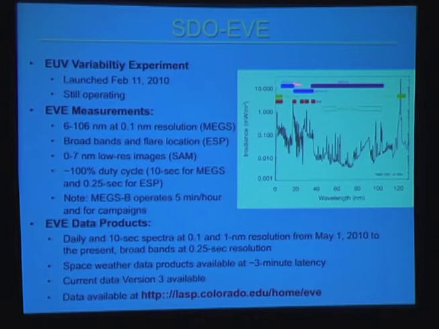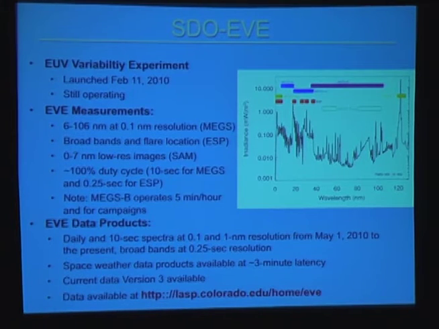But the primary instrument on EVE we call MEGS, a multiple EUV grating spectrograph. It's also 3 channels, but it's covering 1 angstrom resolution from about 6 nanometers up to 105 nanometers at 10-second time cadence. So every 10 seconds, we get a full spectrum.